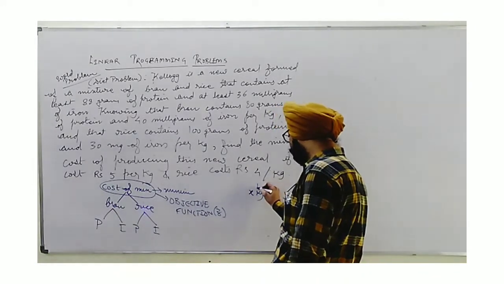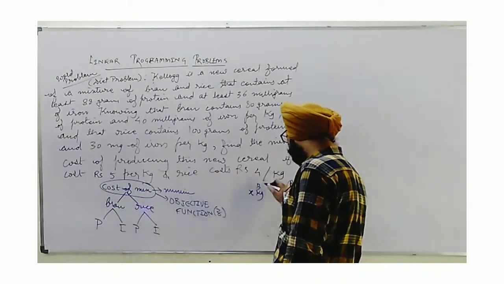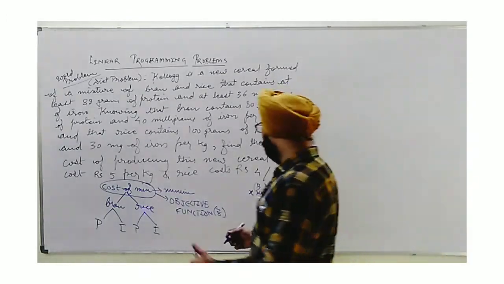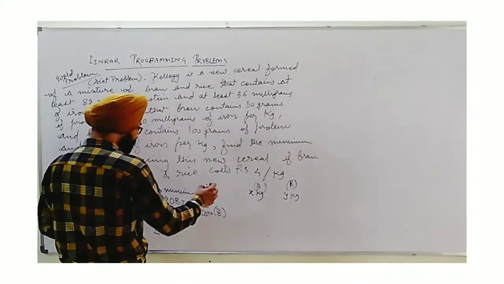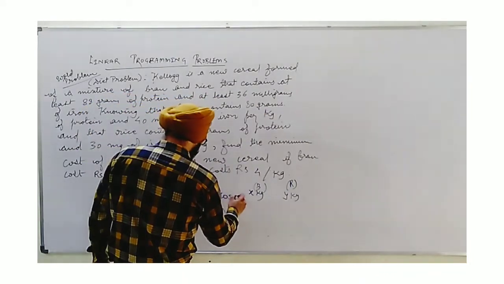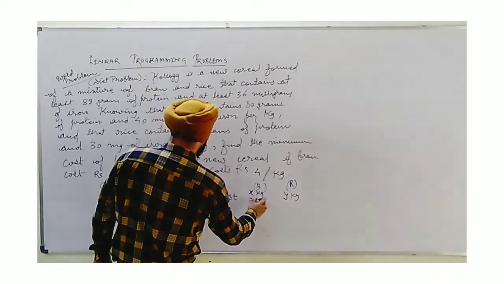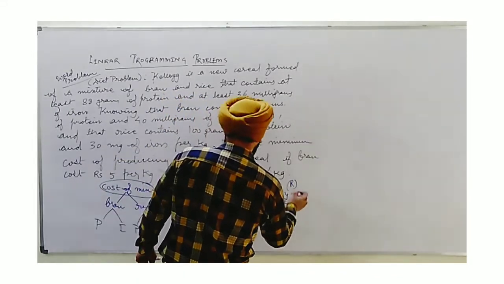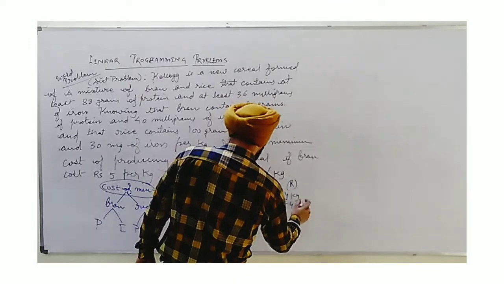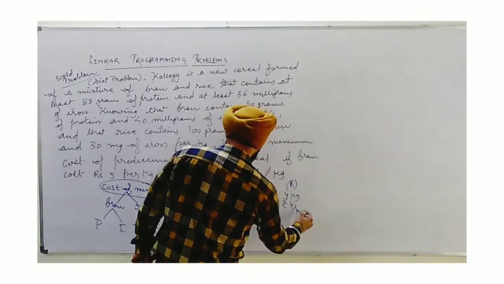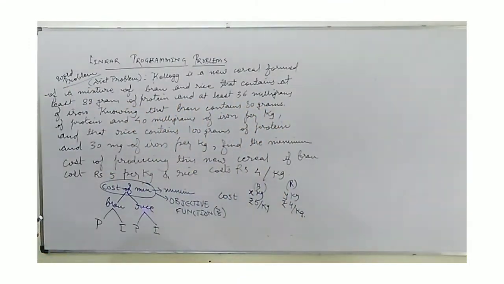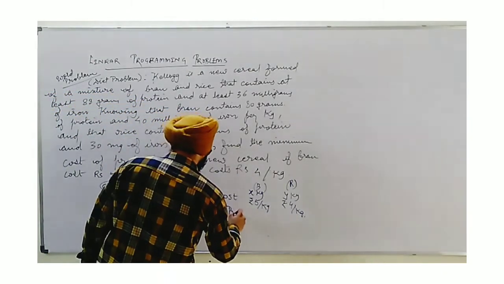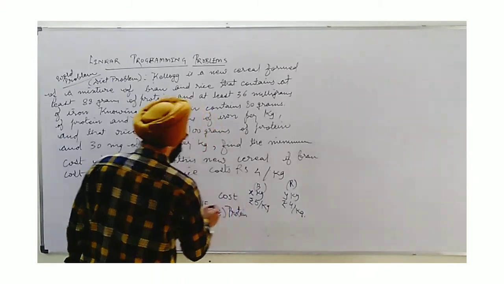You can write here, this is bran, this is rice. Okay. Now further, what are the parts of it? First of all, we are told cost. So you can note here, cost of bran is rupees 5 per kg. For rice we are given rupees 4 per kg. This is the way to write. Next, protein. We will think of protein. Right here, protein.